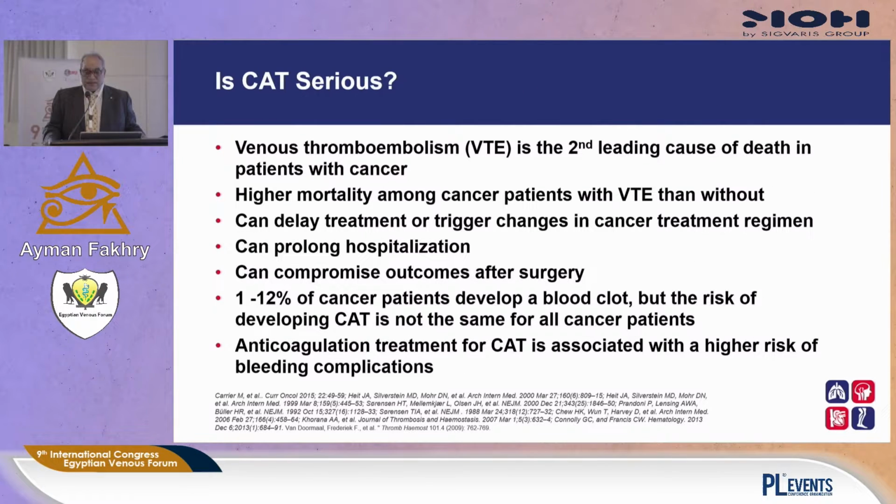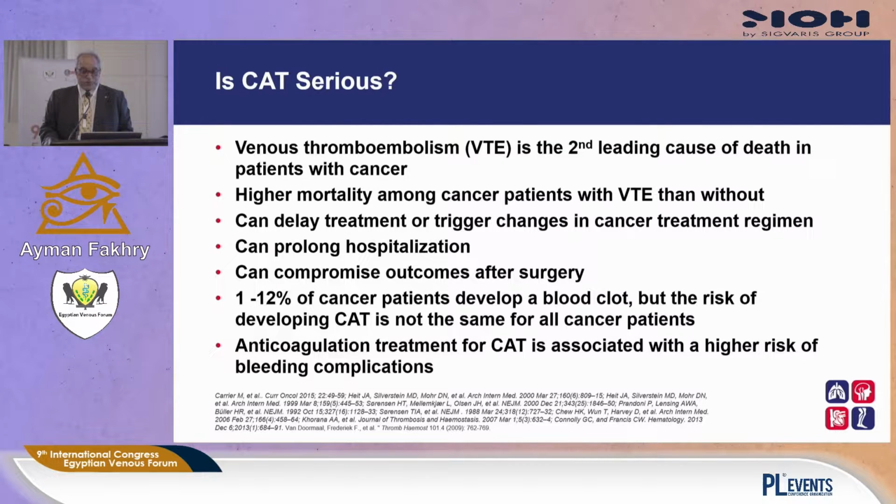Is it serious? Yes, because it is the second leading cause of death in cancer patients. It also has a high mortality rate. It can delay the treatment journey, prolong hospitalization of the patients, and compromise the outcome of the patients.